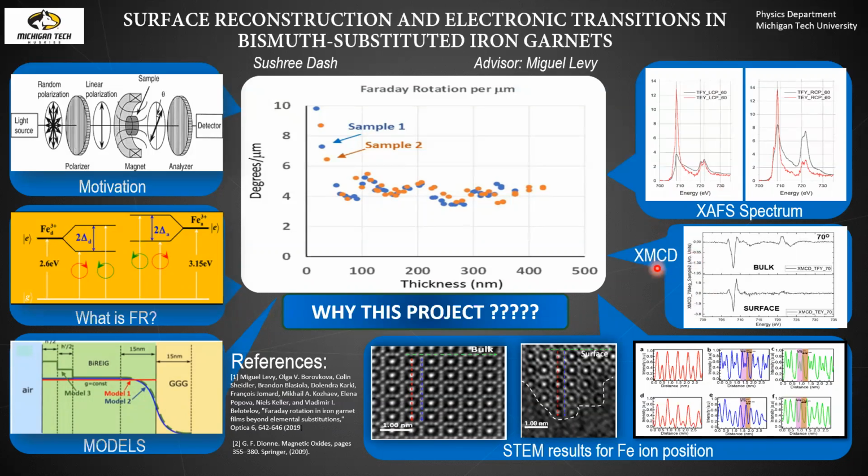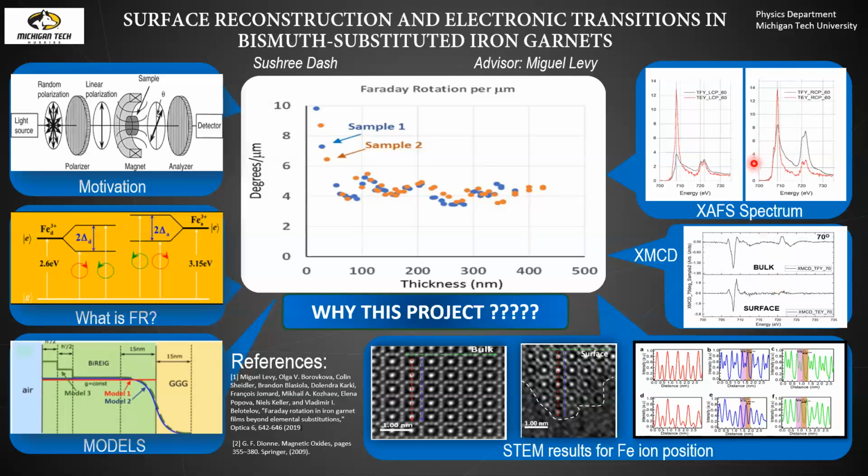And the XMCD is the difference between the right and left circularly polarized light. The reason we use right and left circularly polarized beam here is because our sample is a magnetic material, and this makes it more sensitive and helps us know its features.